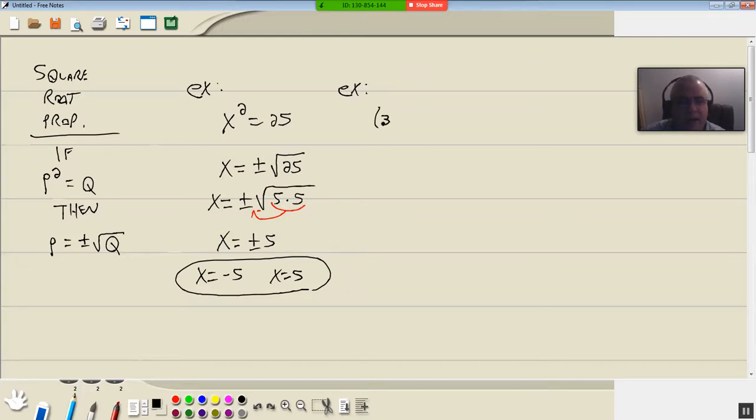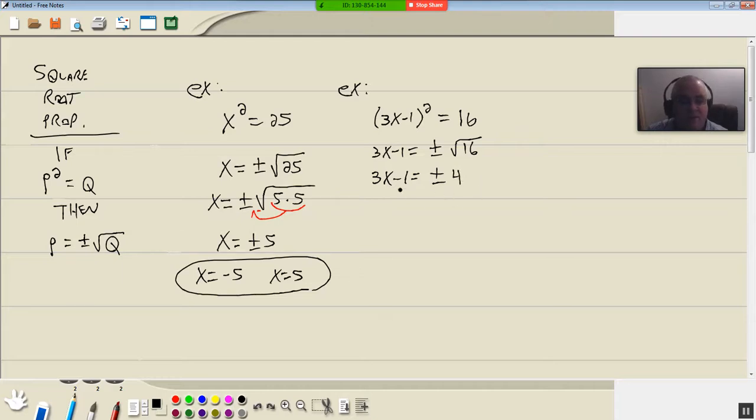Now let's say I had this one right here: 3x minus 1 squared is equal to 16. We can apply the square root property again because we've got the entire left side squared. So the square root property says we drop our squared and we put a plus or minus square root on the other side. Well, the square root of 16 is 4.